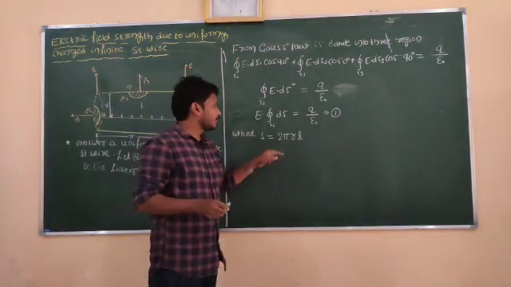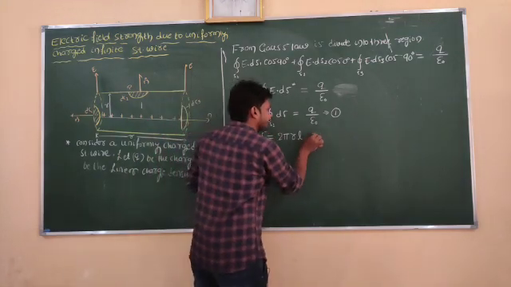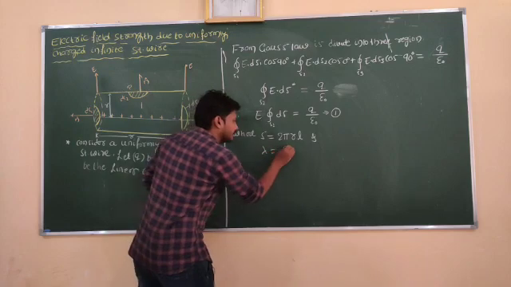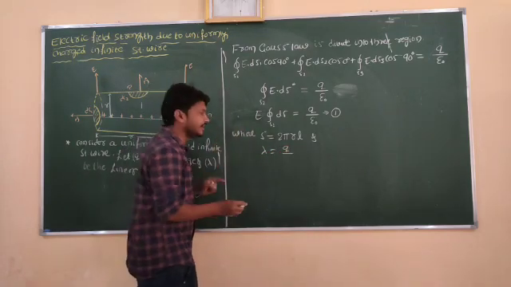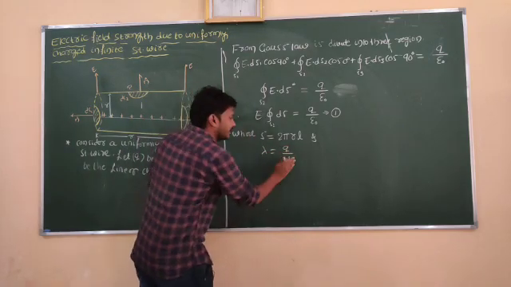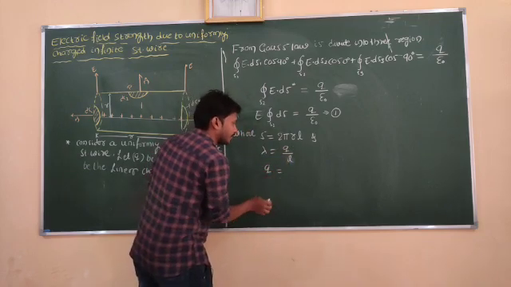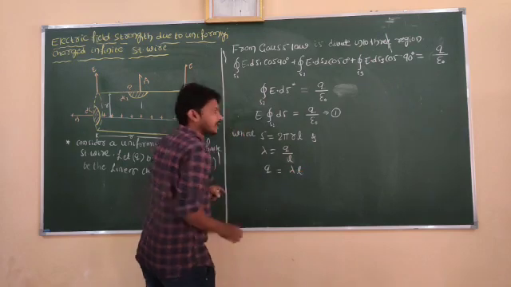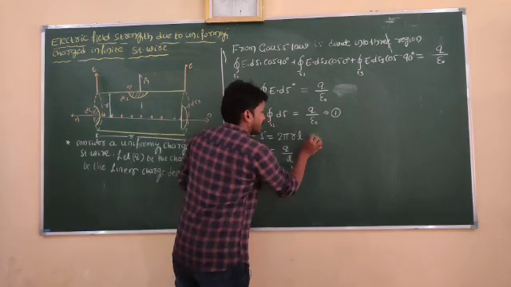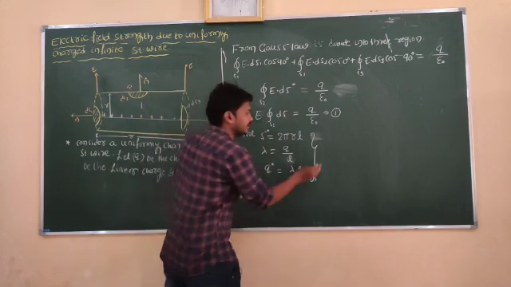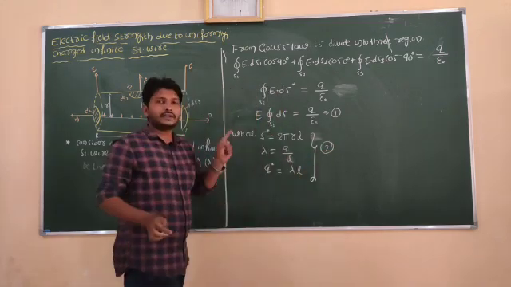So S is equal to 2 pi r L, and linear charge density lambda is the ratio of charge per unit length. Shall I rearrange this equation? Wherever Q is there, Q is equal to lambda into L. So look here, I got the S value as well as the Q value. I will take this as equation 2.